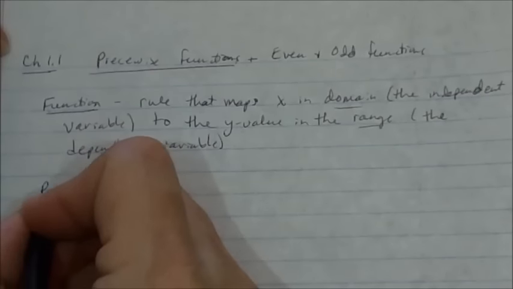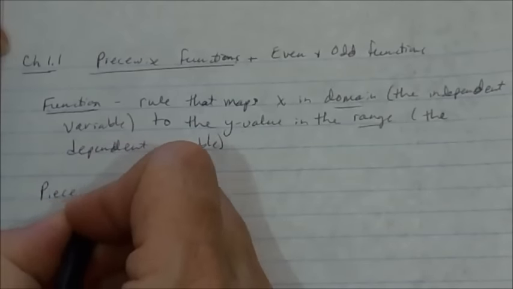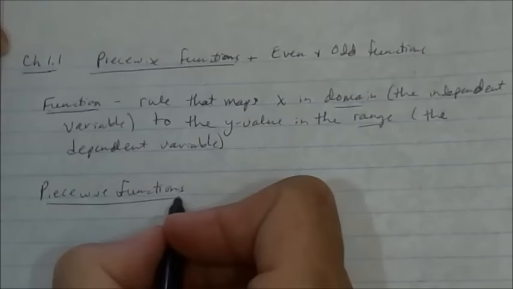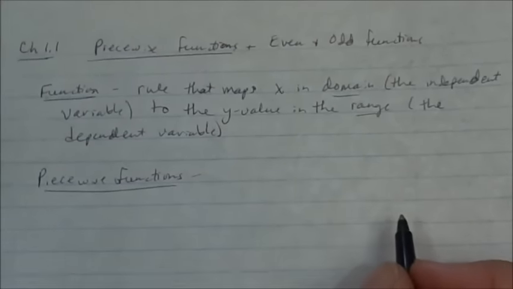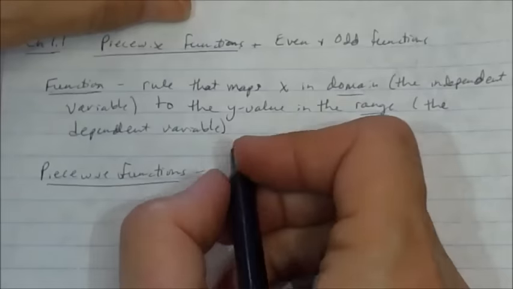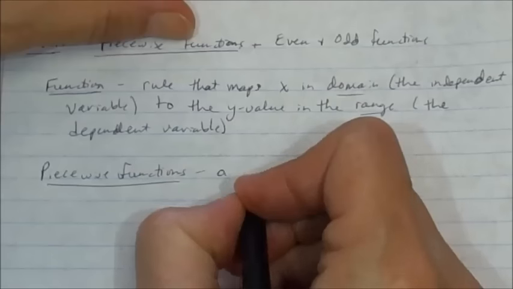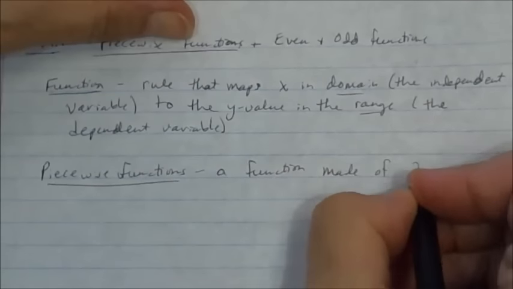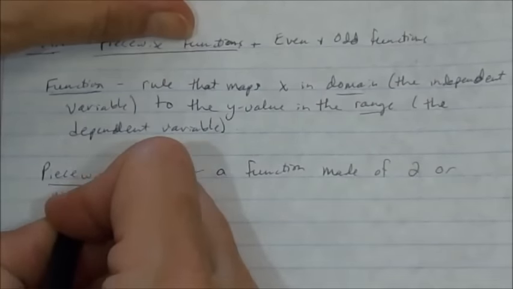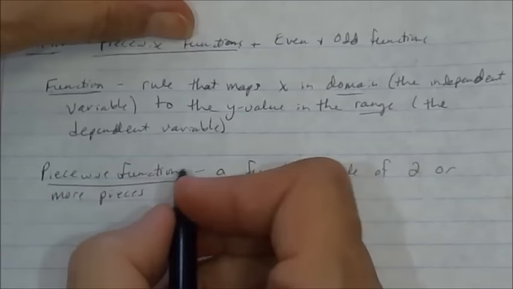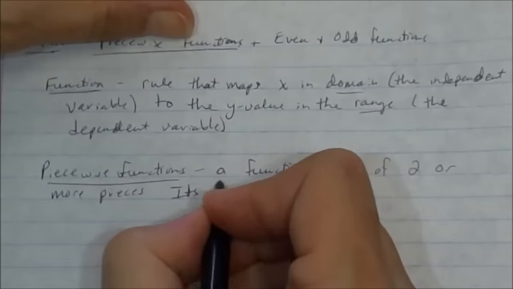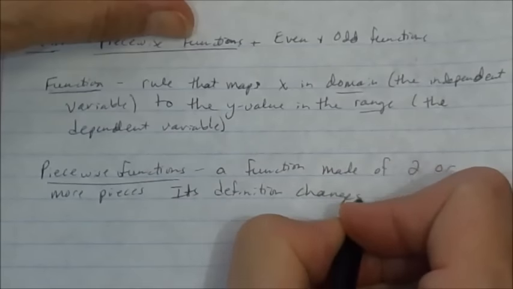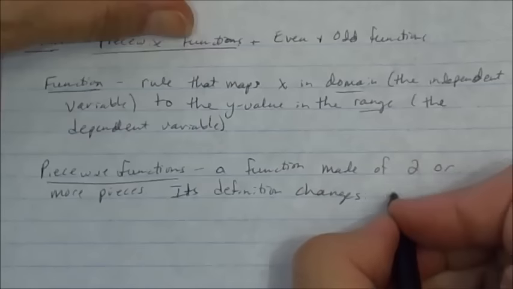First of all, let's talk about piecewise functions. Piecewise functions, just like the name implies, is a function that's made of two or more pieces, and its definition changes depending on the value of the independent variable.